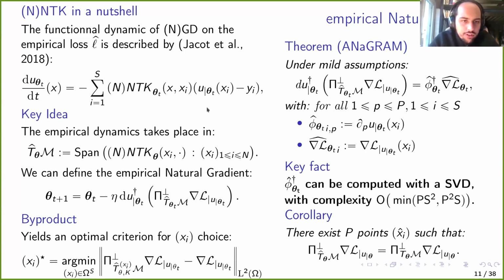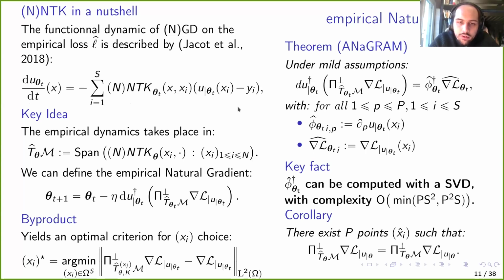Okay, so what is the intuition behind? Here, this is the gradient path of our neural network, and we want to know what will be the impact of changing the function with respect to the points of the dataset xi.